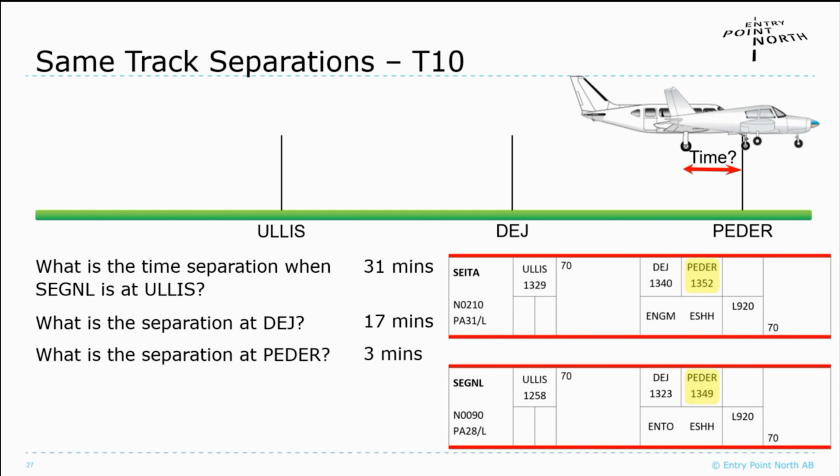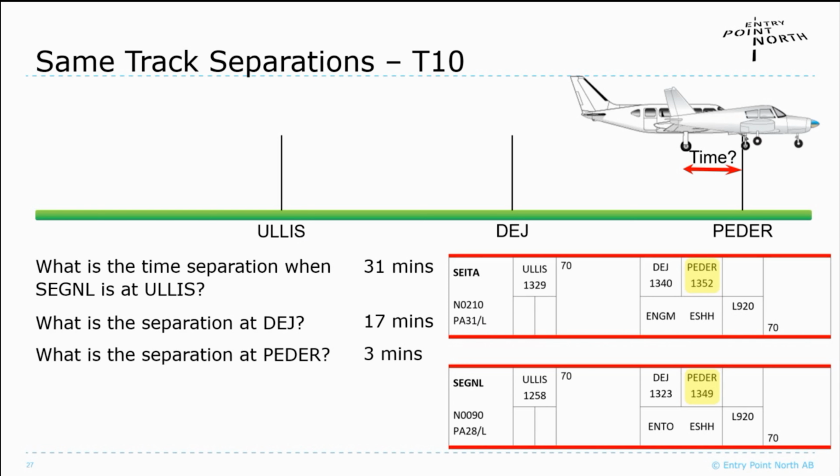Now, we need to provide a separation after the 10-minute separation no longer exists. So for me, if I was wanting to be lazy, I would say I have 10-minute separation when Sierra November Lima is at Ulis. I have 10-minute separation when Sierra November Lima is at Deya, and it does not exist when Sierra November Lima is at Pedder.